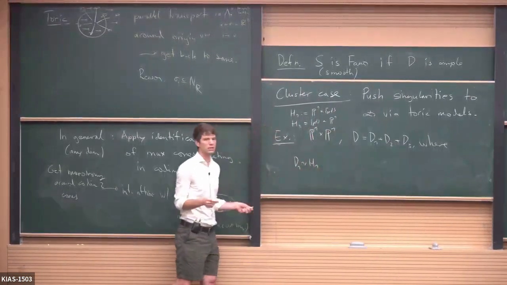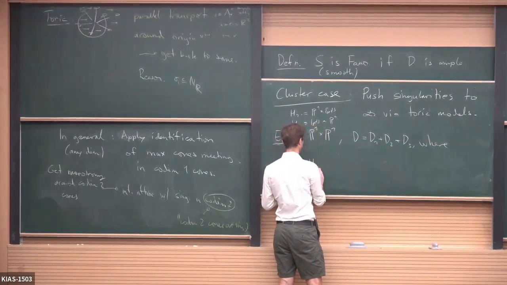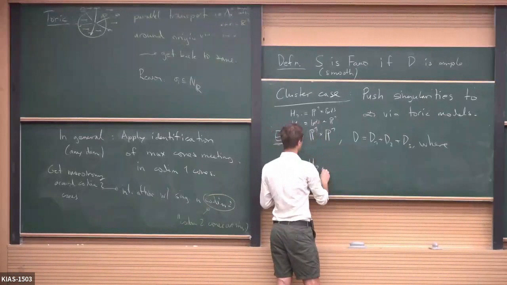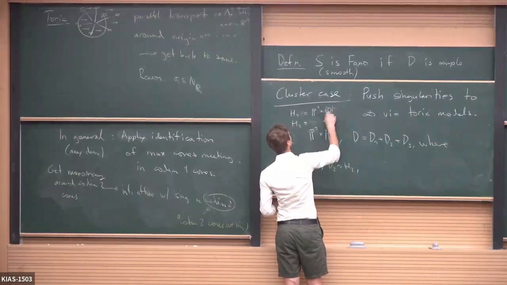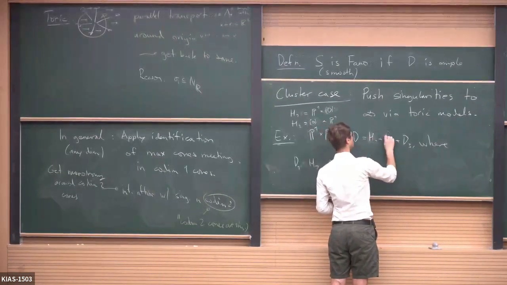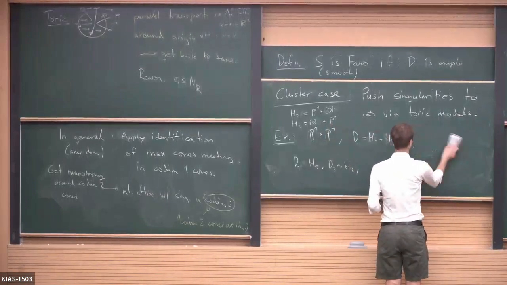So yeah, the different components. You take D_1 to be linearly equivalent to H_1, and D_2 to H_2. And then D_3 is the diagonal.